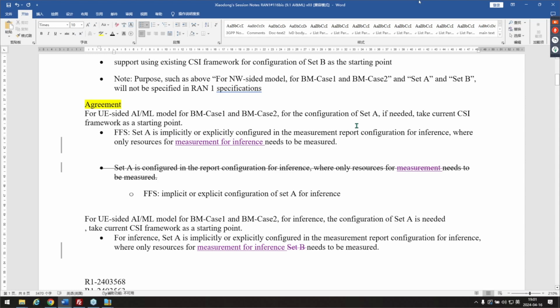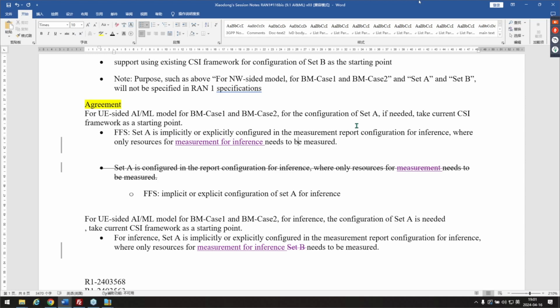Okay, so I think during the offline, I made a comment which led to this wording here of set B measurement. My initial comment was, whatever we do for configuration of set A, it doesn't mandate the measurement of all resources that are configured in set A. That was the main concern, because we are talking about the legacy CSI framework where the configuration is for measurement resources.